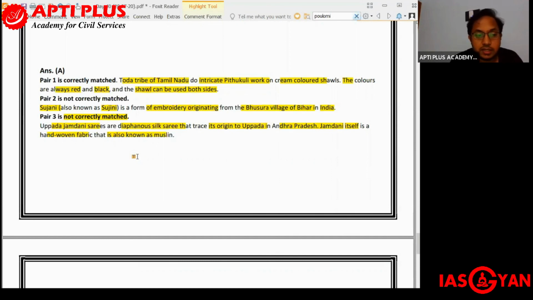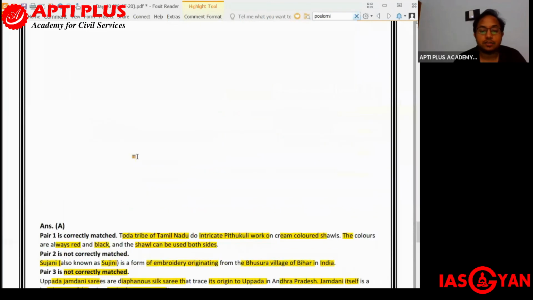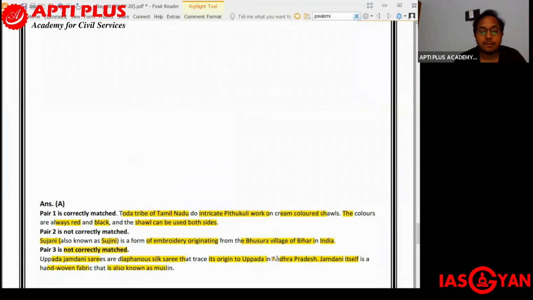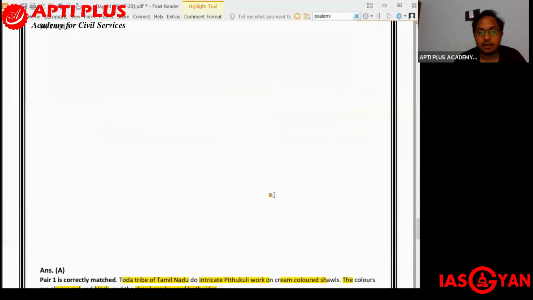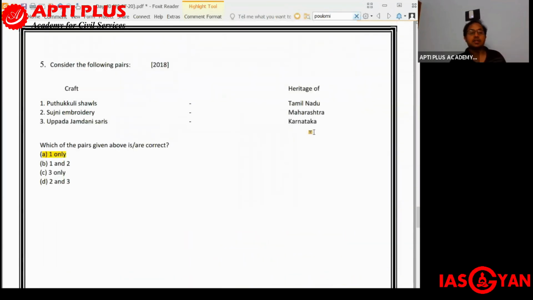Upada Jamdani saris are diaphanous silk saris that trace their origin to Upada in Andhra Pradesh. Jamdani itself is a hand woven fabric that is also called muslin. So ideally it should be Andhra Pradesh, and here it was given as Karnataka, so that is incorrect. Puthukuli shawls, Tamil Nadu, that's fine.